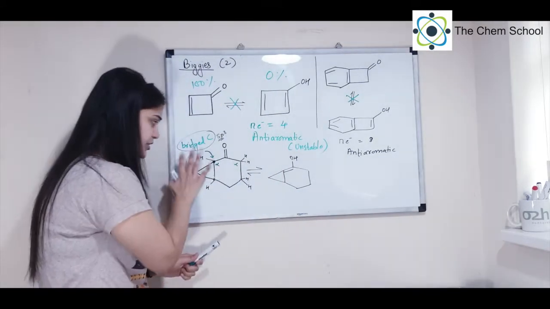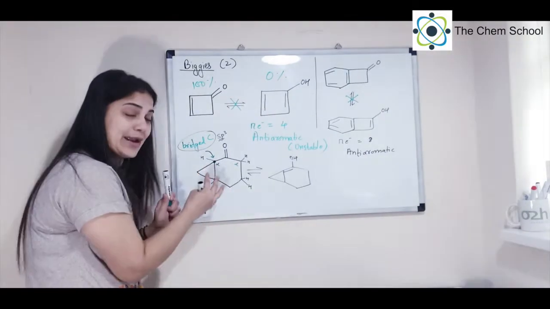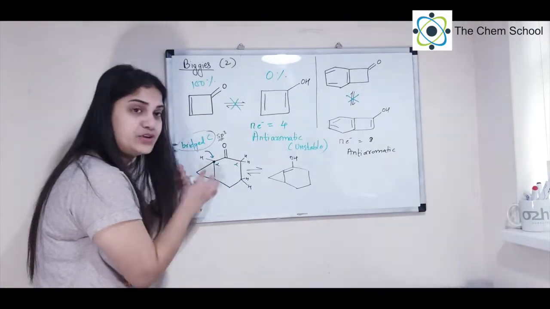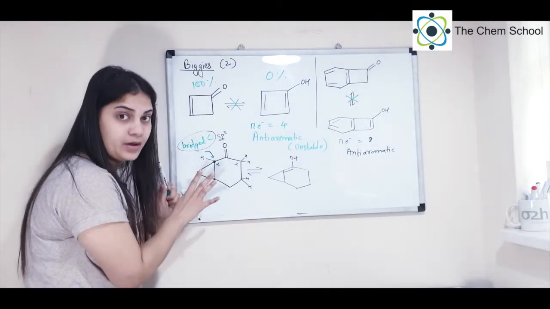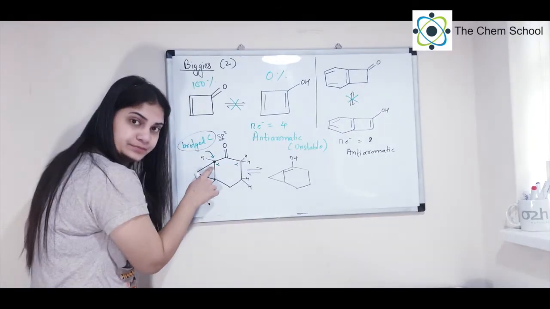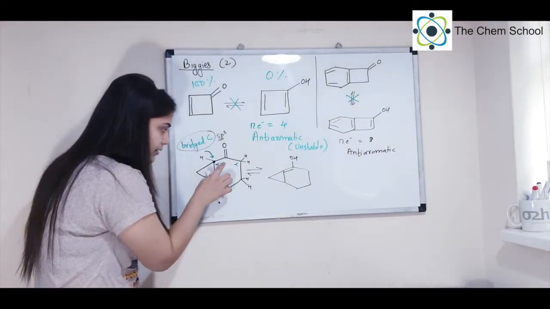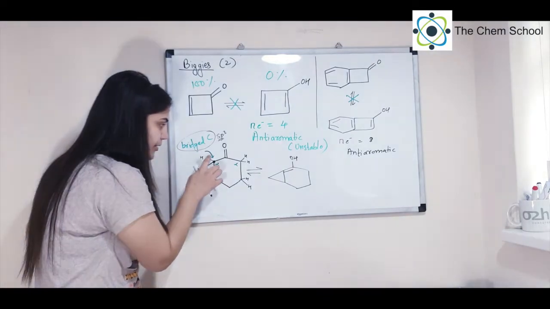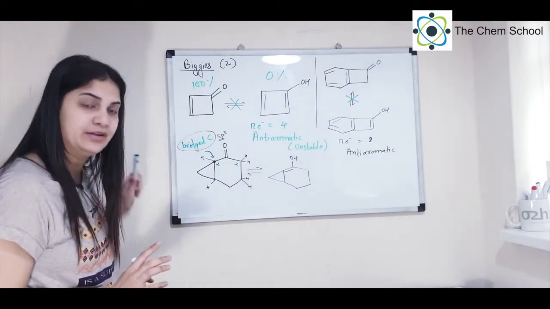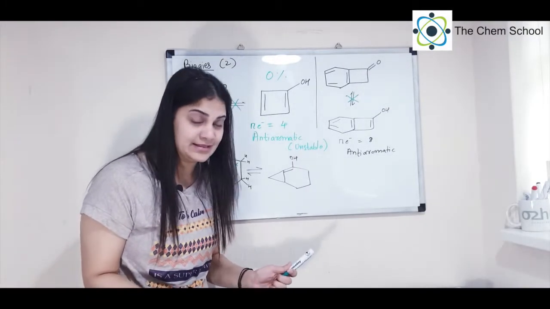In this position, if you check, your bond angle is strained. There is a lot of strain in this particular compound. This particular bond angle is 60 degrees, while the other bond angles will be different. So this is an sp3 hybridized carbon, but it has different bond angles.